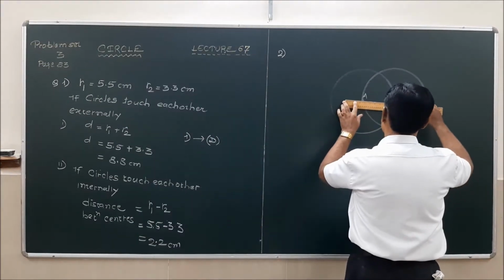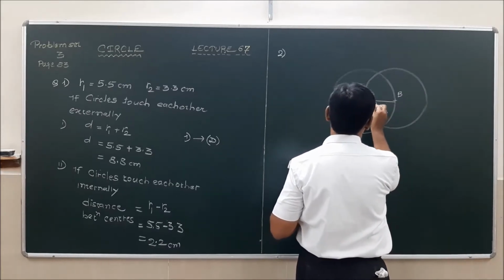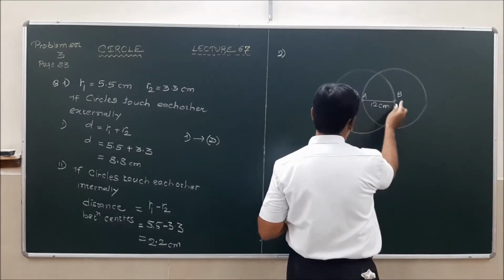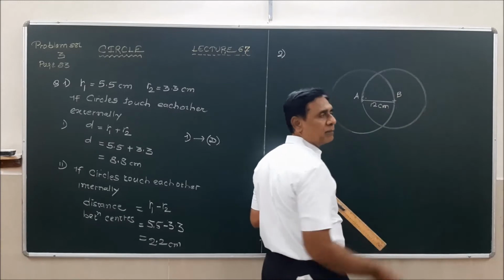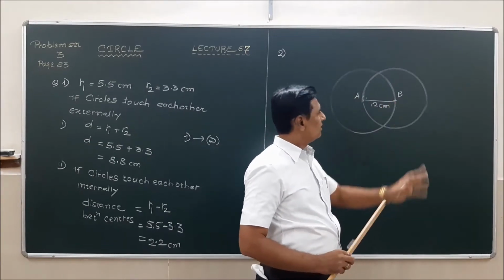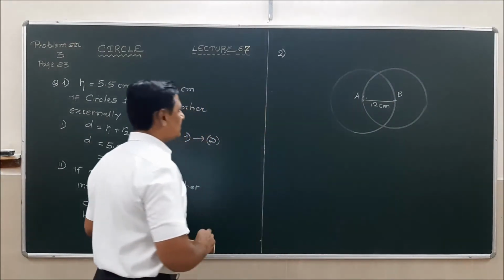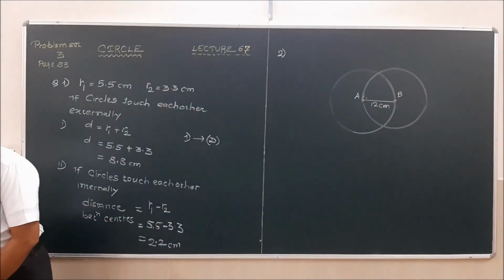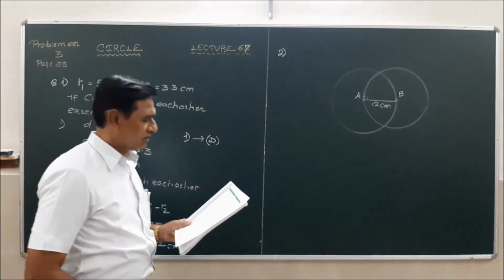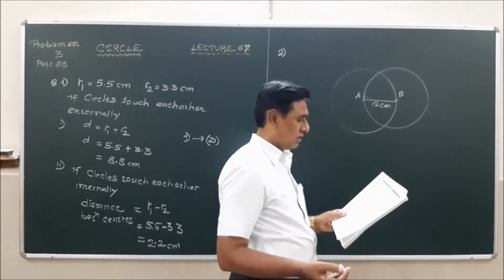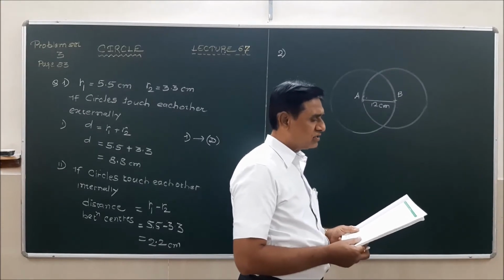AB is equal to 12 centimeter. So from point B to A is the radius of the circle with center B, as well as from A to B is the radius of the circle with center A. The question asked is: if the distance between their centers is 12, what is the radius of each one of them?